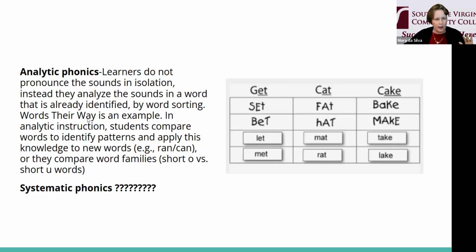Words Their Way is a program that I was trained in at UVA, and that's an example of analytic phonics, although there are some components of synthetic phonics, but it's mostly an analytical way of learning phonics. And it can be applied to new words, that's the nice thing, and they're comparing and really analyzing, and I think it's a really great way to learn phonics.